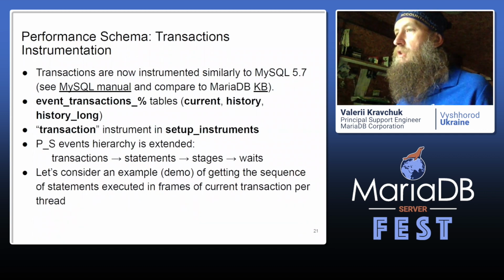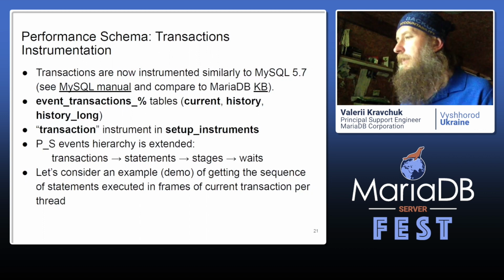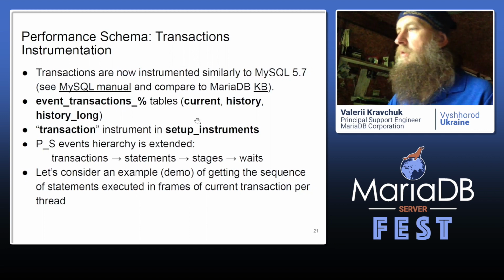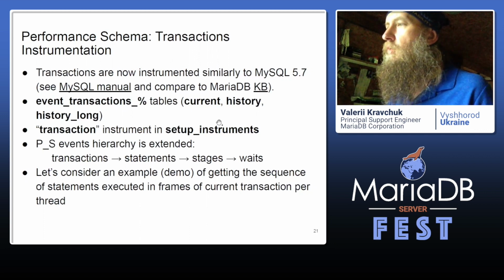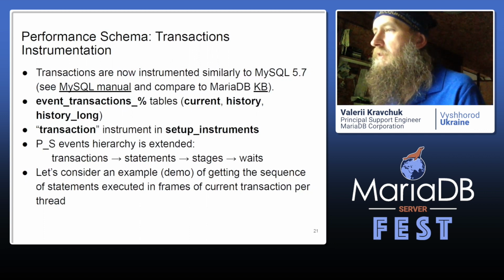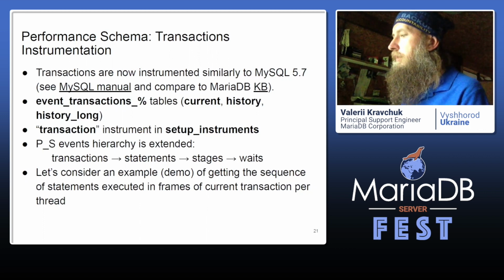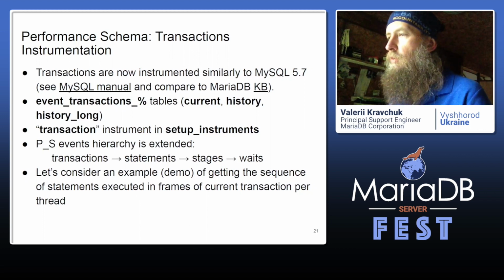So as for transactions, it's quite simple. There are 3 tables summarizing transactions: current, history, and history long. Related consumers should be explicitly enabled as well. What's more interesting is that now in MariaDB 10.5 we have 4 levels of hierarchy of events.